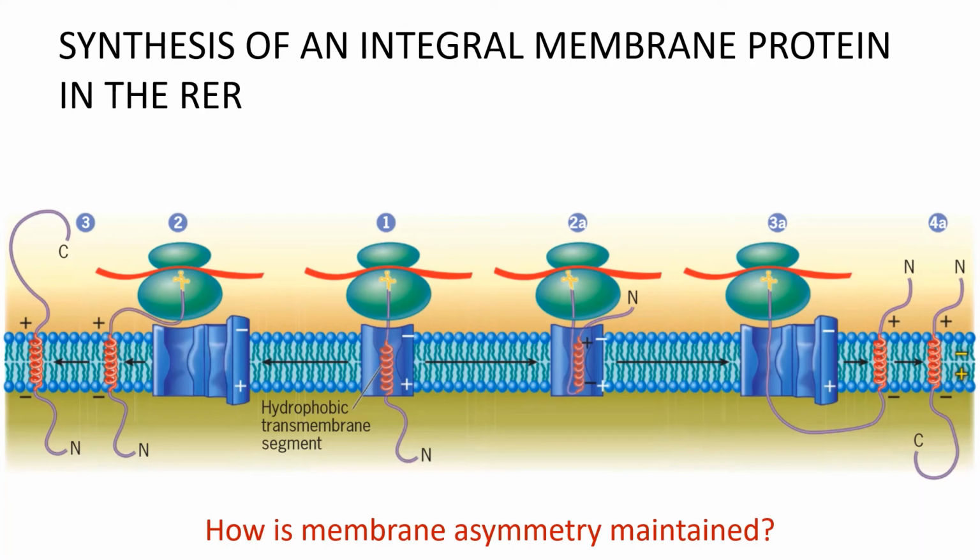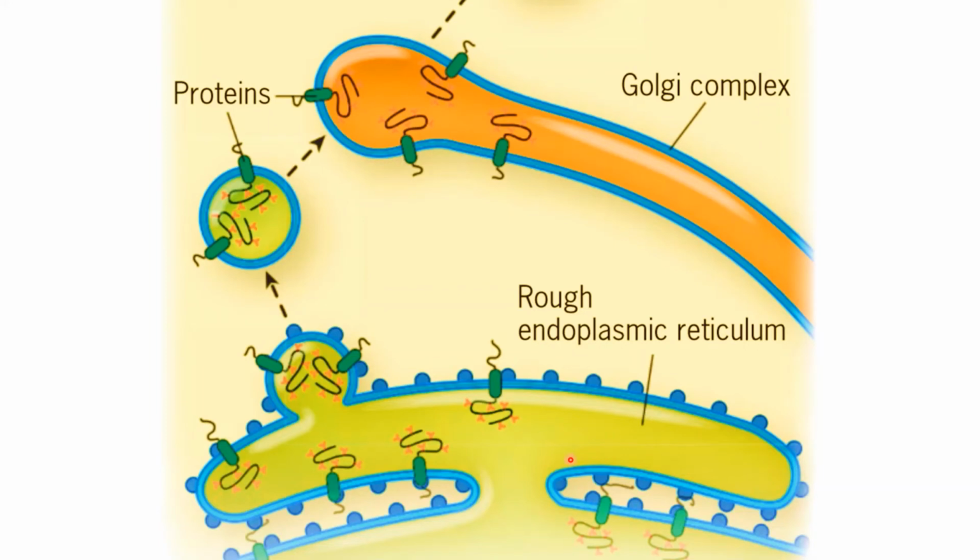So, how do we maintain membrane asymmetry? Here's a simpler view of that transmembrane protein. Here's the membrane of the ER, here's the lumen, here's one side. We will discuss the difference between the sides later. Here's another side, another end. And see here how the vesicle is forming. This end, with these carbohydrates, is inside the vesicle.